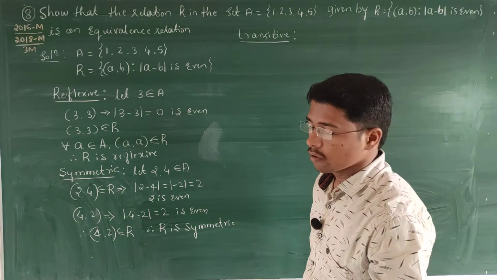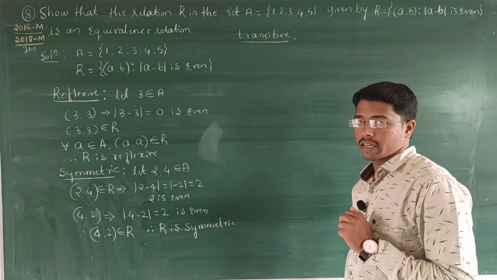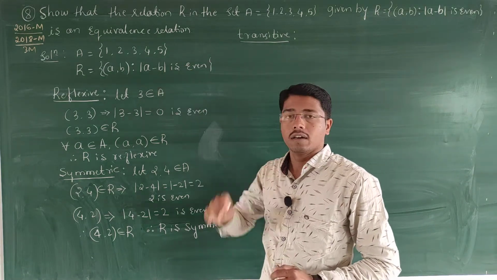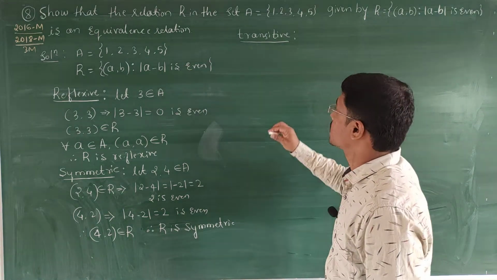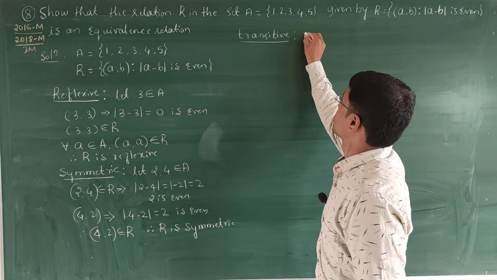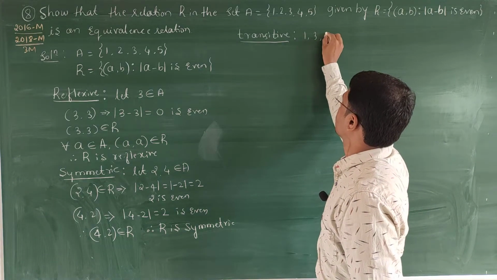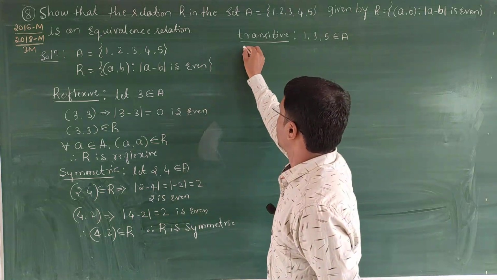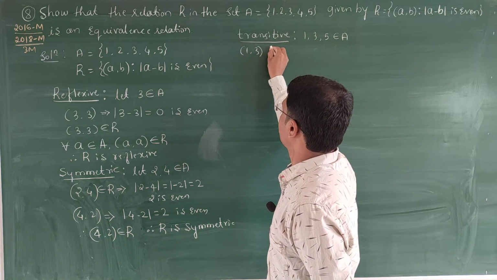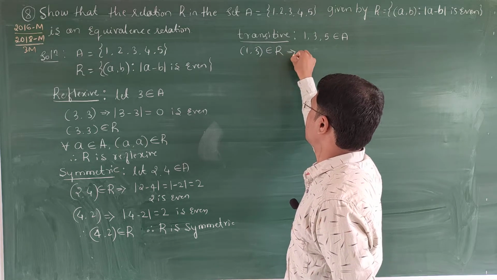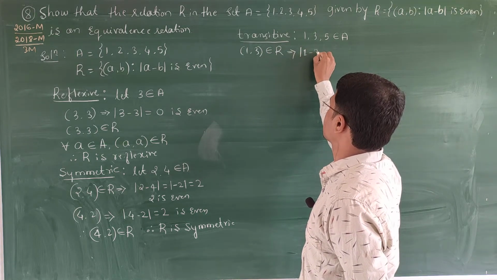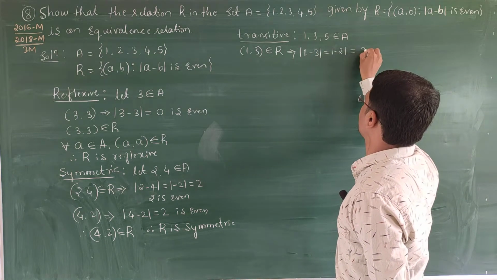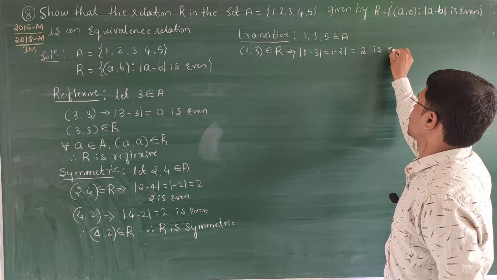For this, we should consider two ordered pairs in such a way that those two ordered pairs satisfy this relation. Okay, so let us consider 1, 3, 5. I consider three numbers 1, 3, 5 belonging to the set A. Now (1, 3) belongs to R. This implies |1 − 3| is equal to |−2|, equal to 2, which is even.